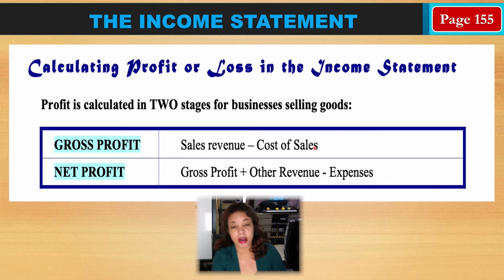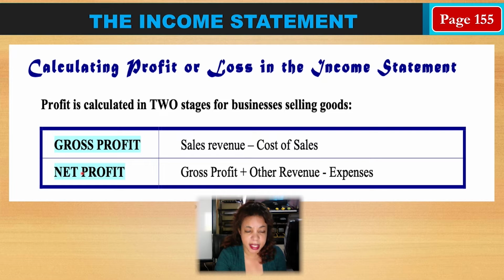It was known long ago as cost of goods sold. So if you see cost of goods sold when you are doing past papers, like the really old ones, it means the same as the cost of sales, which is what we are going to be referring to it, because currently that is what we refer to it as. So the first stage is the gross profit, sales revenue minus cost of sales.